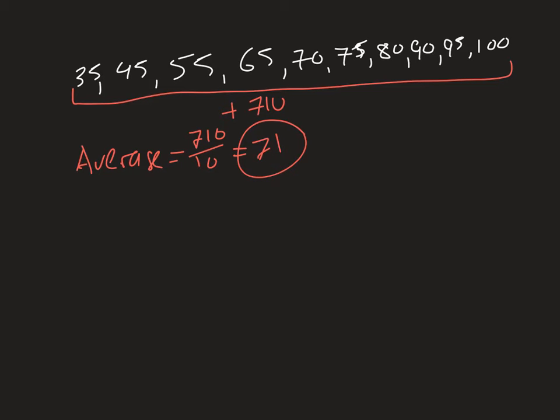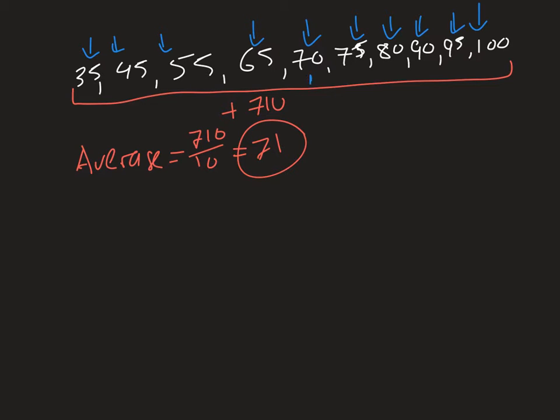Now, let's look at standard deviation. At its core, we are looking at each of these data points, and we're going to ask ourselves, how far is each of these from the average? Let's start with the 70.